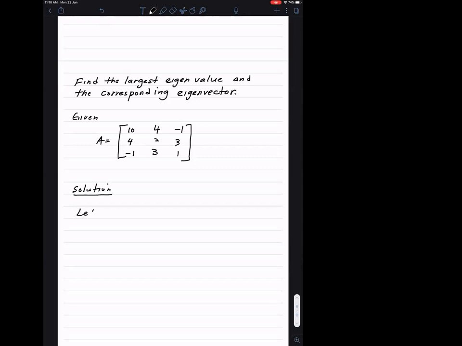Let's assume an initial approximation. If you find the calculation too long, you can do this in MATLAB.